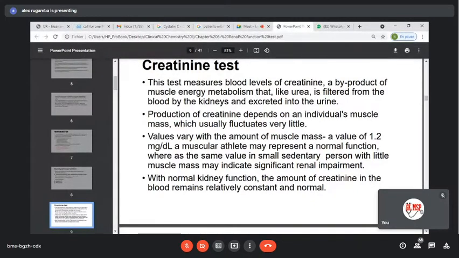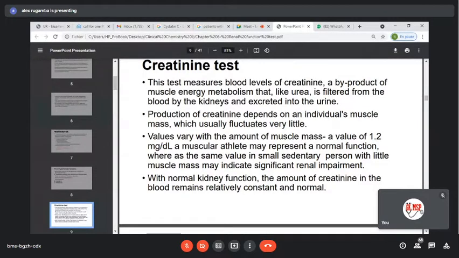In an athlete with a lot of muscle, this is a normal value, whereas the same value in a small sedentary person with little muscle may indicate significant renal impairment. With normal kidney function, the amount of creatinine in the body remains relatively constant.